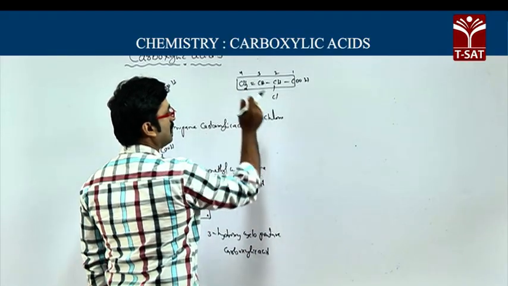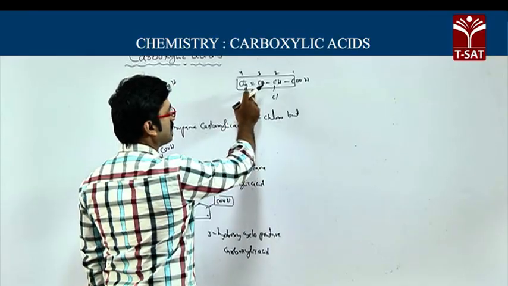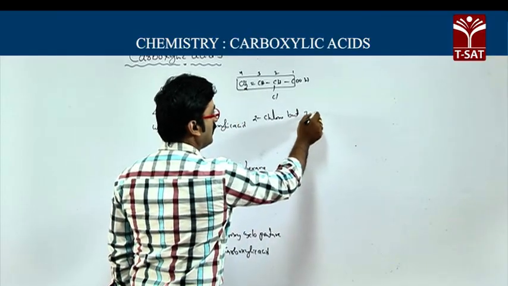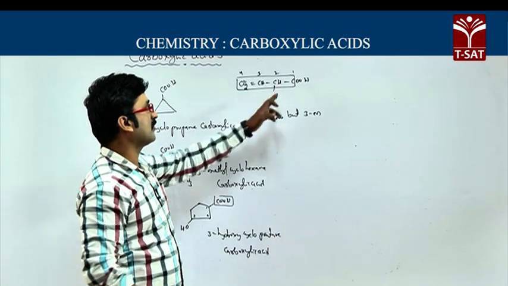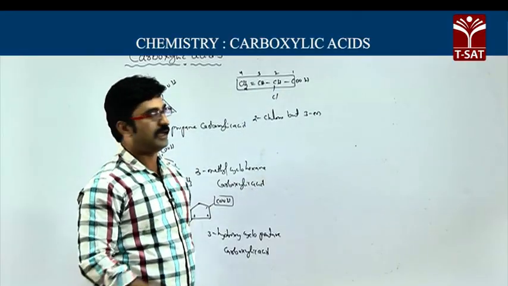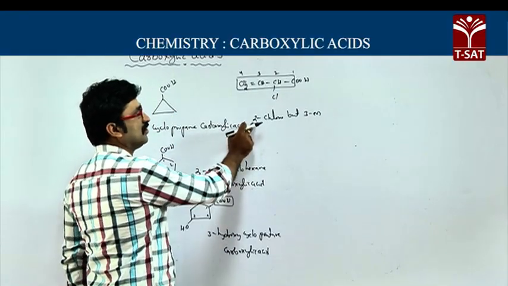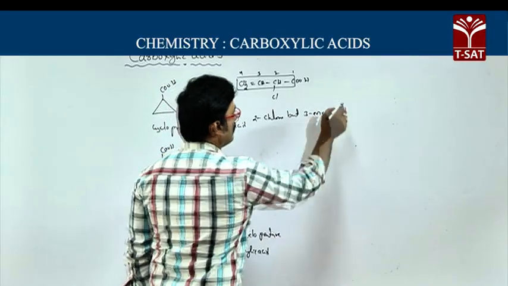How many carbons are there? 4, so but. The double bond is present at the third carbon, 3-ene. Whenever COOH is considered as a chain terminating functional group, there is no need to indicate its position. Therefore, 2-chlorobut-3-enoic acid.